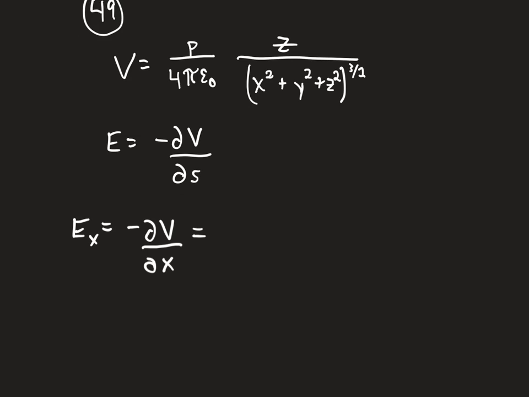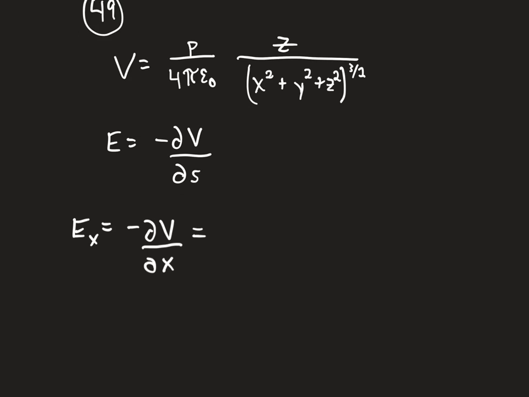But to do the product rule, you have to get rid of the quotient. How do you get rid of the quotient? How do I put that x squared plus y squared plus z squared to the 3/2 on the top? I raise it to the negative exponent.